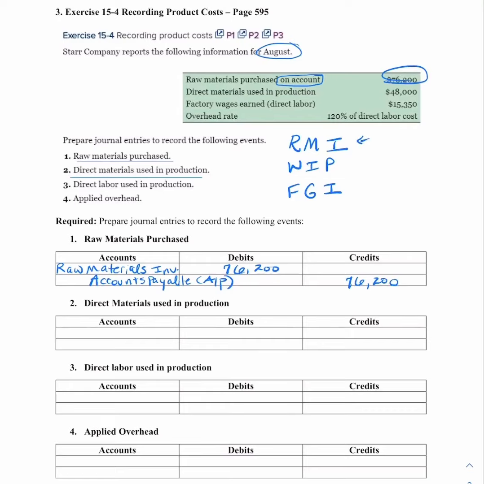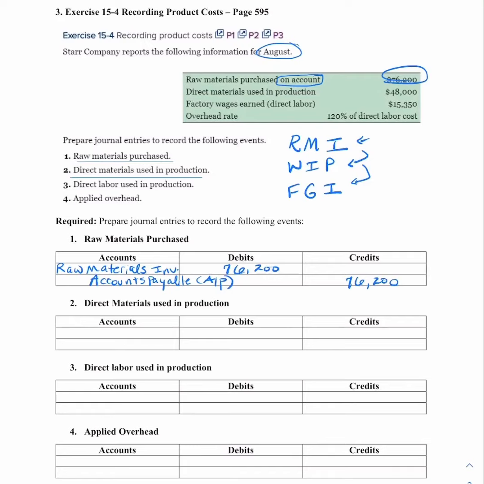As you start to use those in production, it will move from raw materials to work in process. Once you've completed all the work that needs to happen to those goods, then you will move to finished goods inventory.